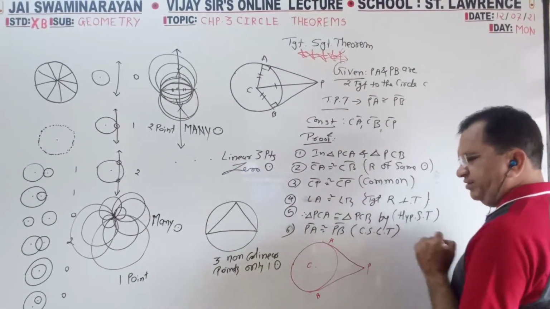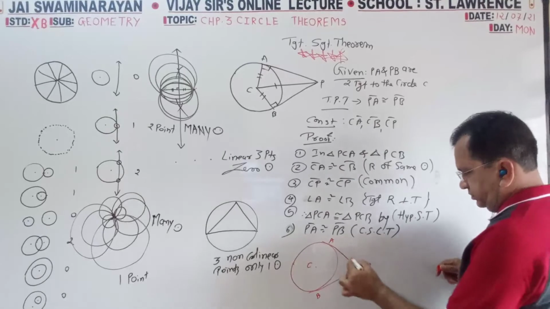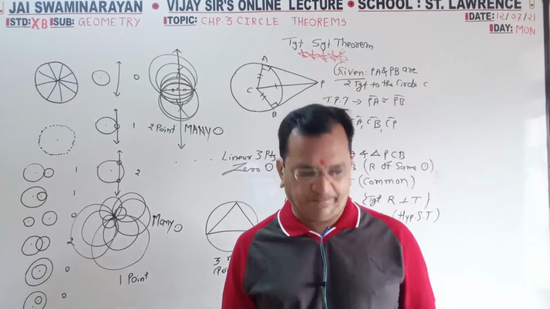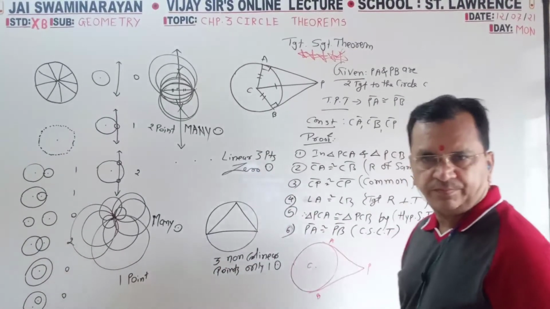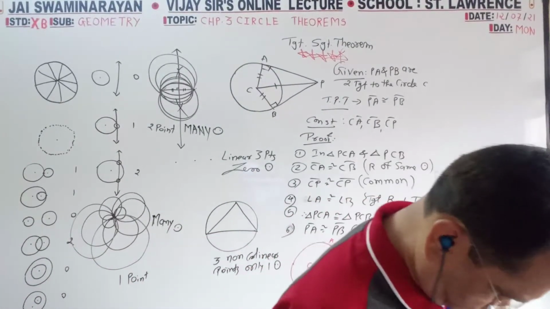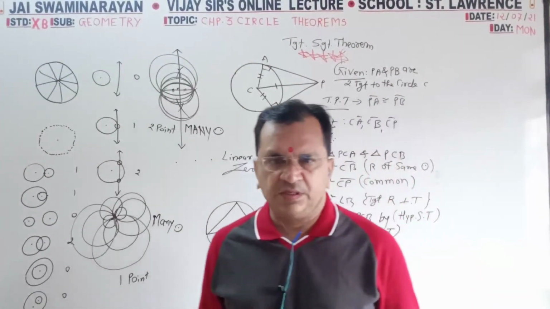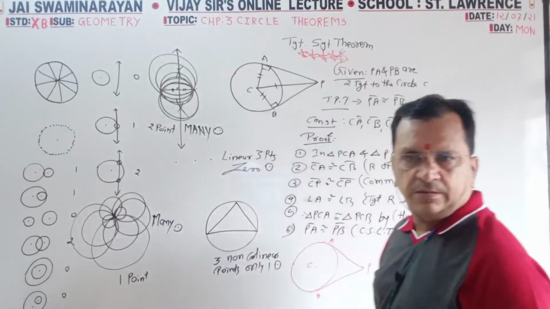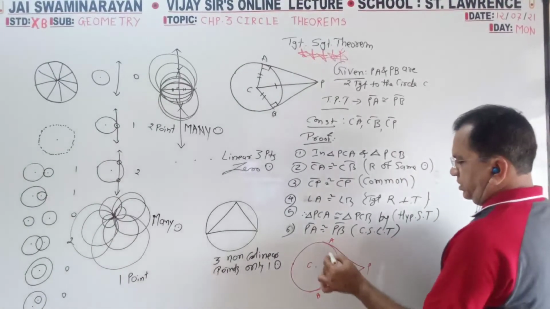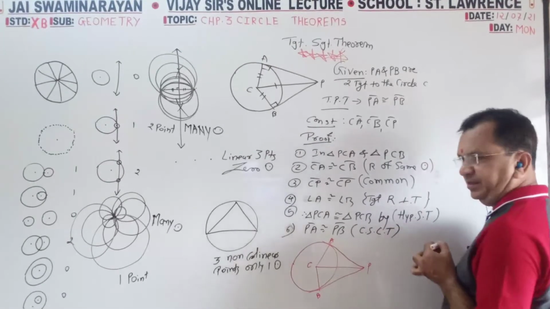Circle is given, outside one point is given, two tangent segments you have to draw. To prove that these are congruent, then construction CA, CB, CP.